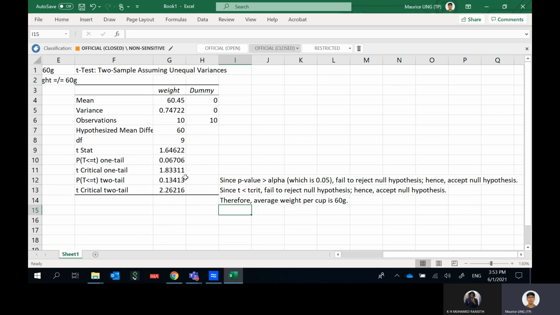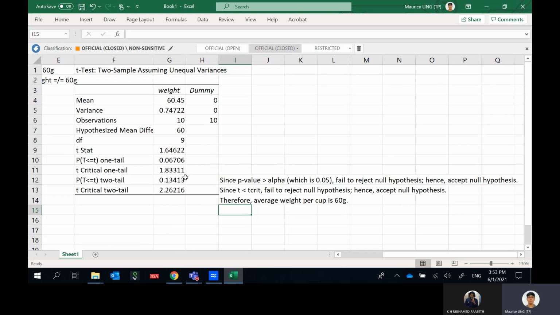You can only reject the null hypothesis here if the null hypothesis has less than a 5% chance of being correct.